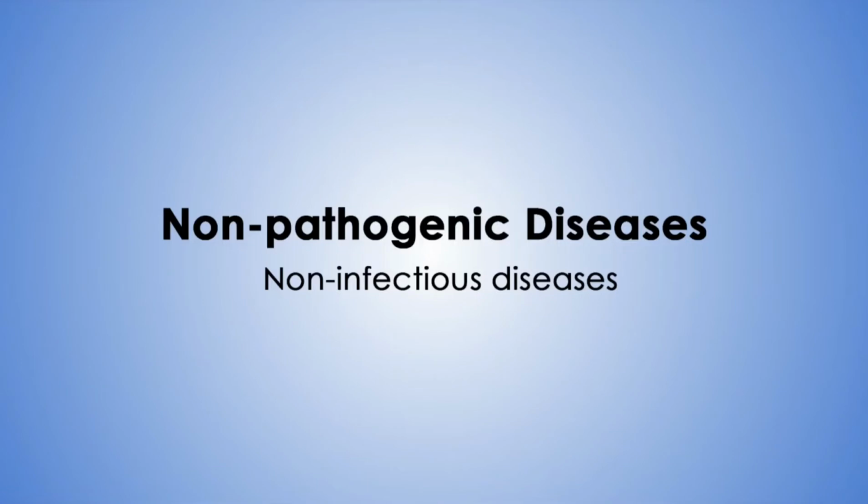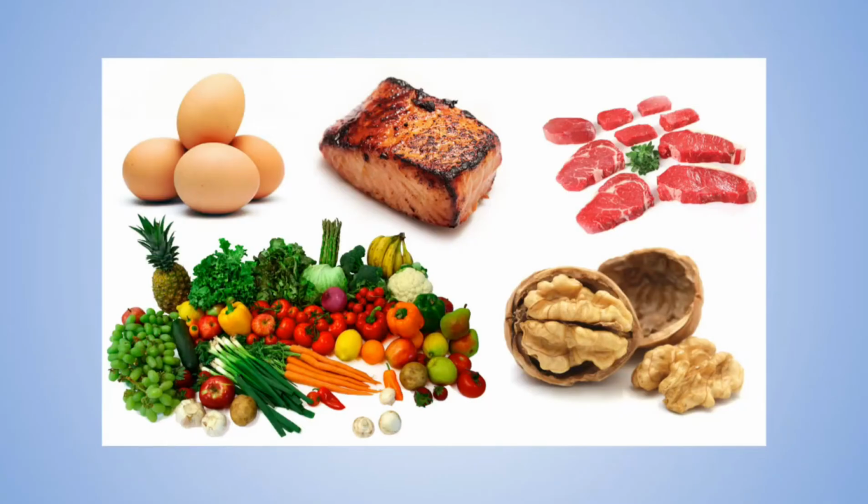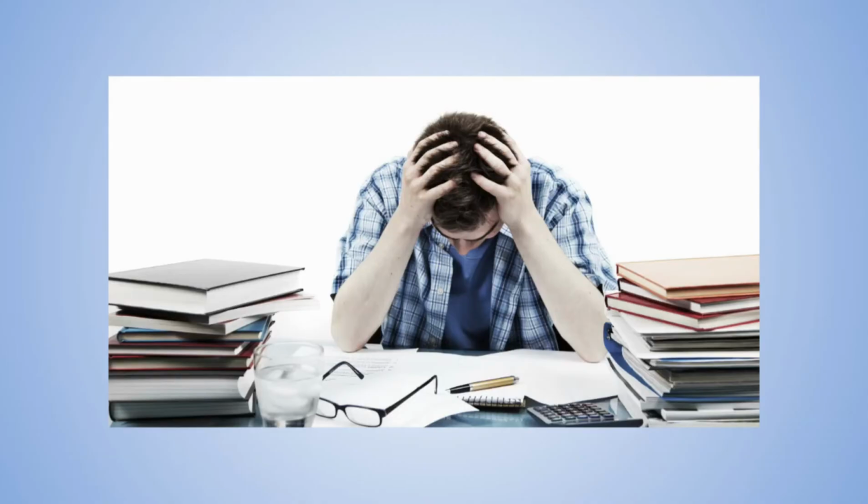Now let's focus on non-pathogenic diseases, or what we refer to as the non-infectious diseases. A non-pathogenic disease is a disease that is not caused by a pathogen, but may arise due mainly to lack of one or more nutrients in the diet, that is, poor nutrition, or genetic disorder. We also have stress conditions.